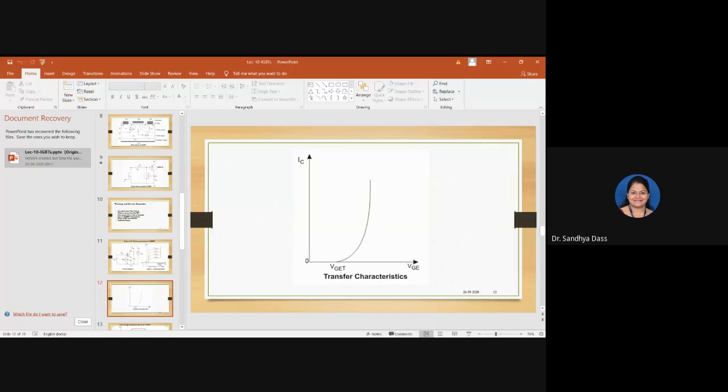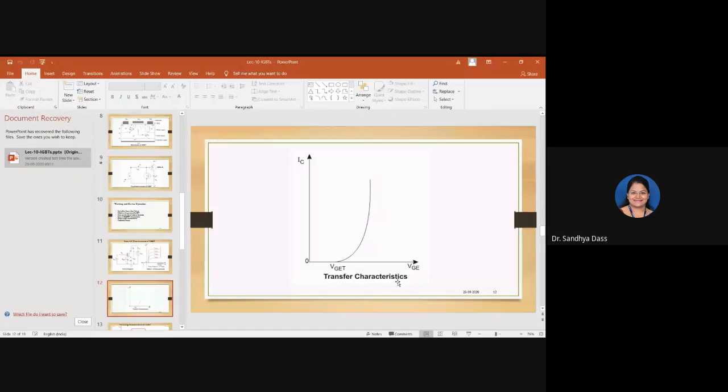Output by input. So here, you already have the graph there. The output parameter is our collector current, and the input parameter is our VGE, voltage across gate and emitter terminal. As you can see, the IGBT transfer characteristics are the same as MOSFET, if you recall.